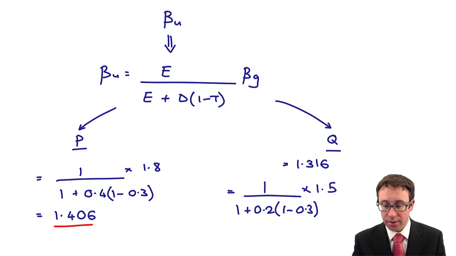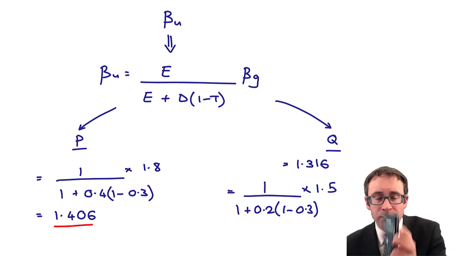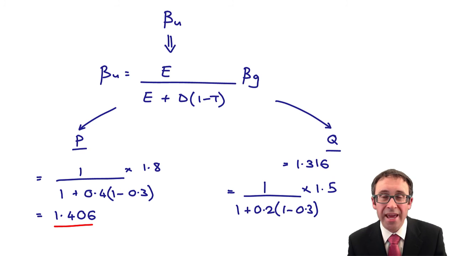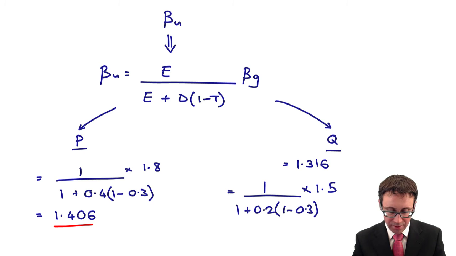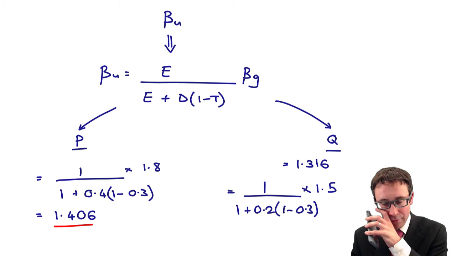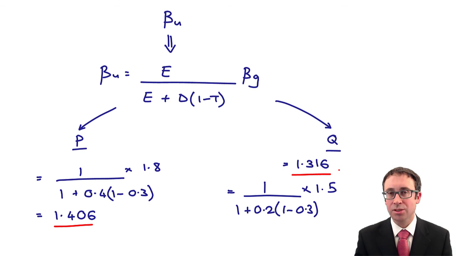Add 1 is 1.14, sorry, not 1.4. 1 divided by 1.14 is 0.87719298825, and then times that by 1.5 gives me 1.315789474. To you and I, 1.316.